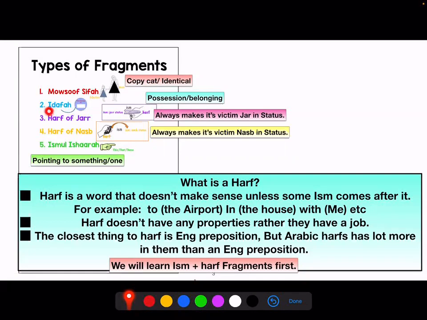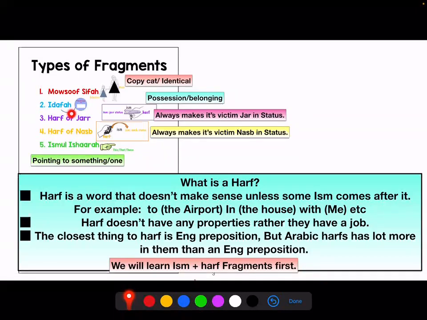the kind of Idafa fragment we learned last class was when we were attaching an attached pronoun with the ism. Basically what we were doing, we were creating the Idafa fragment. For example, I say Rabbu and then I attach hu with it.